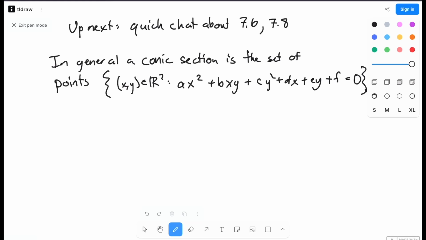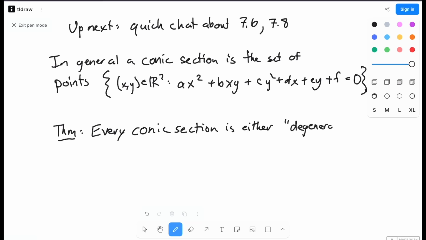And so if you've seen anything about this before, you probably are aware of this main theorem, which is that every conic section is either degenerate, in other words, it's essentially linear, or it contains only linear pieces rather than any curved segments.